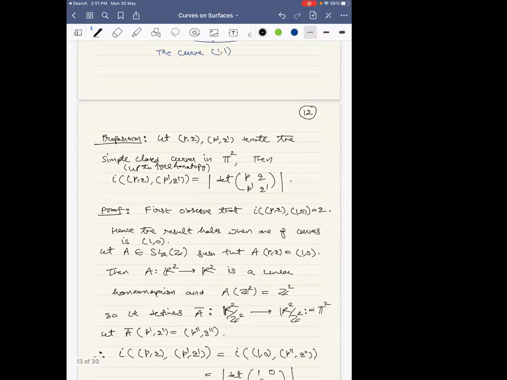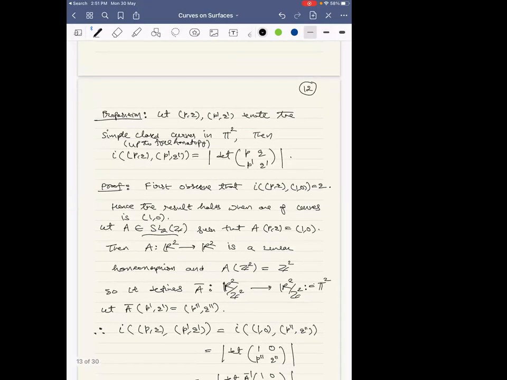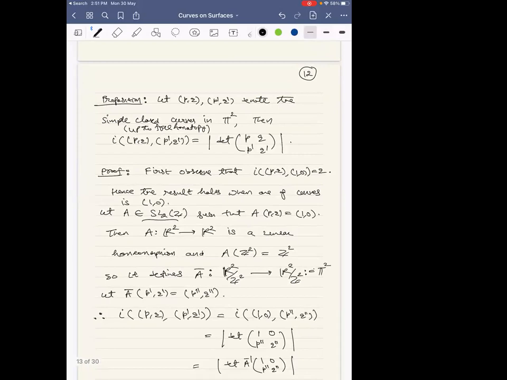Again, the idea is you look at any map from SL2Z which maps this curve PQ to (1, 0). So we want to argue for any pair PQ and P'Q'. Let us map PQ to (1, 0) by an element of SL2Z, and this is always possible to find such an element. And this element will act on R2, by matrix multiplication.